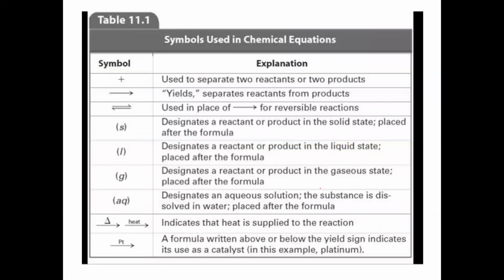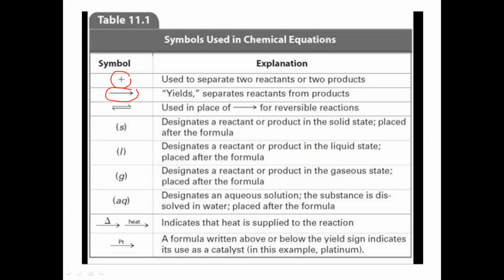Now we should be familiar with the symbols used in chemical equations. For the first symbol, the plus sign, this is used to separate substances. So it could separate reactants or products. Now for the arrow symbol, it's also known as yield.